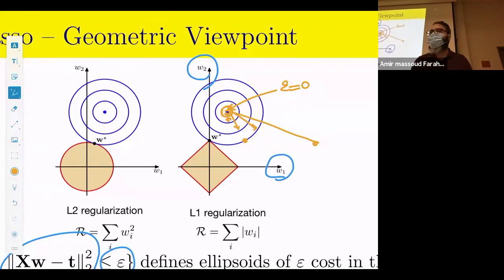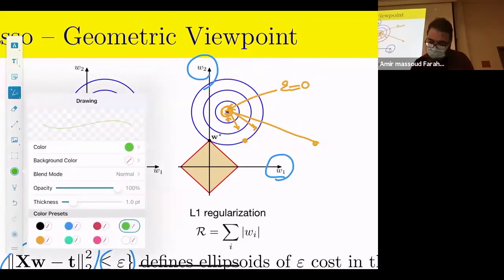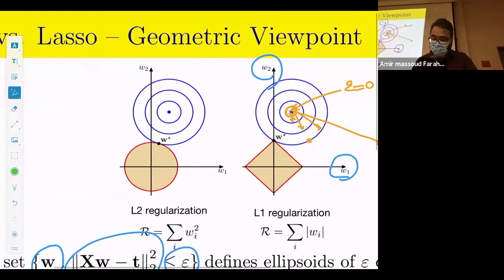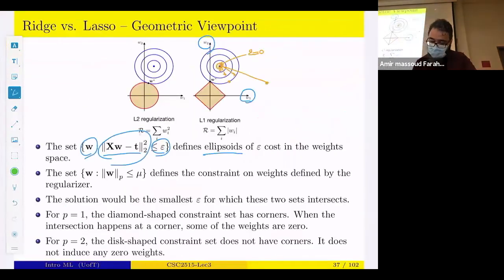So what does the constraint set look like? In the case of the L2 norm, it would be the set of all W's where the L2 norm is smaller than some mu, or in general the Lp norm is smaller than mu. So what is the set of points which has L2 norm smaller than mu?